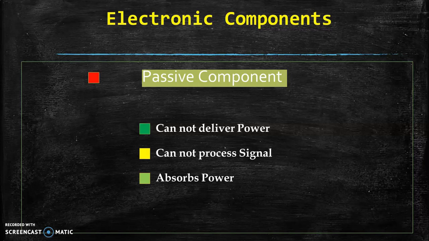They absorb the power. And some examples of passive components are resistor, inductor, capacitor, etc. They absorb the power, but they are not able to process the signal, neither do they deliver the power.